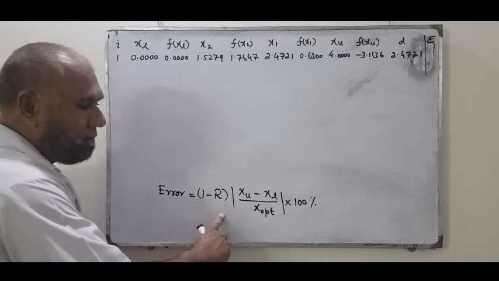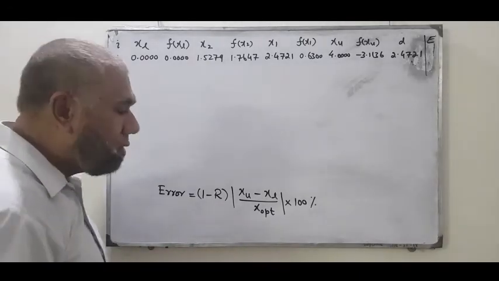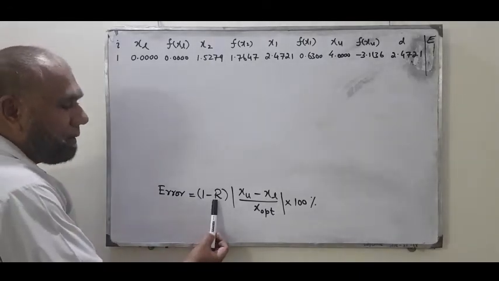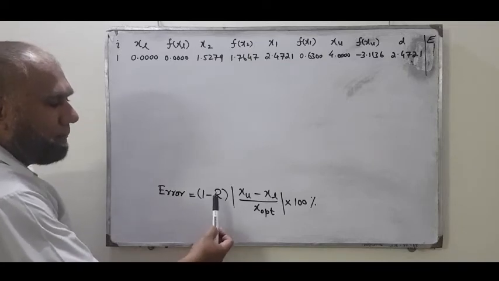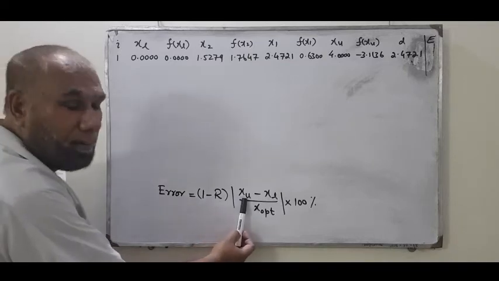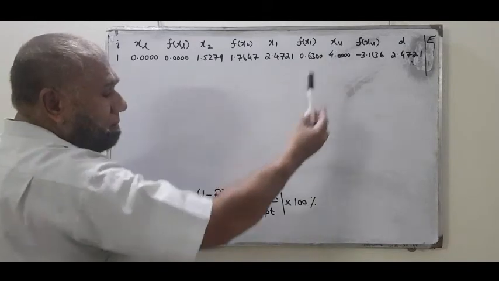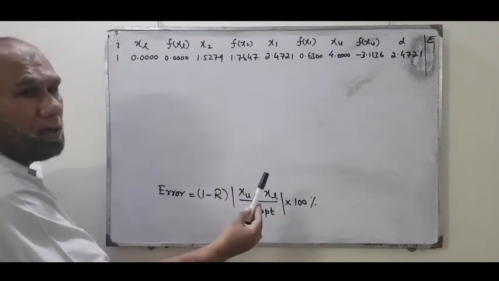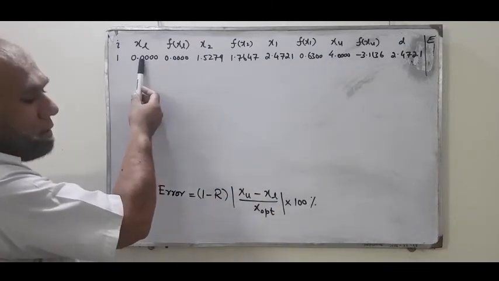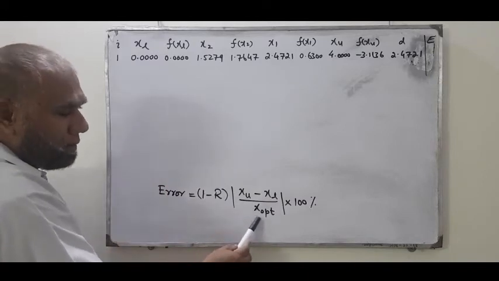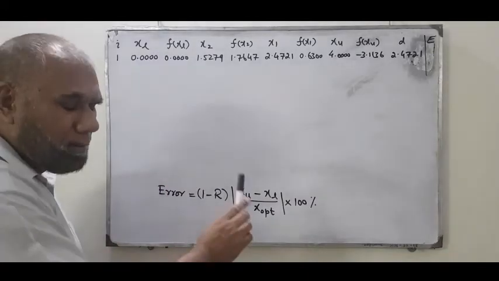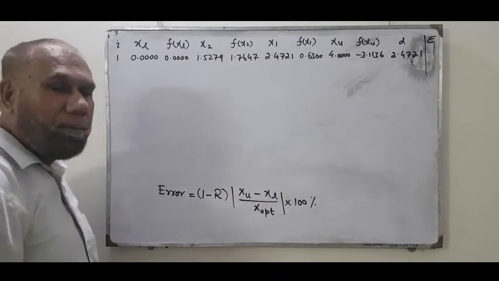In this formula, there are a few quantities involved, and we already know about them. One of them is capital R, that is the golden ratio, xu, the upper limit, xl is the lower limit, and this is the new term which we have introduced, the optimum value.